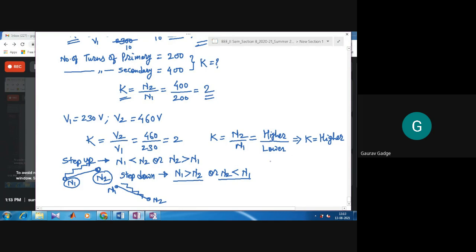Okay, if N2 is lower and N1 is higher, so K क्या रहेगा? K will be lower, because K is directly proportional to this factor, the numerator. K is directly proportional to the numerator.